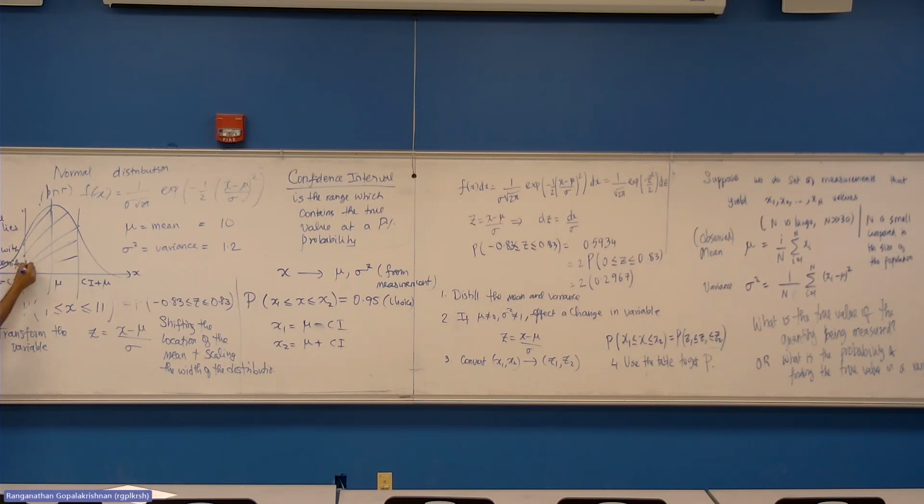That is the meaning of confidence interval. It is an interval in which you are likely to find the truth with 95% chance. How do we solve for this CI, the width of this confidence interval? That is the question here.